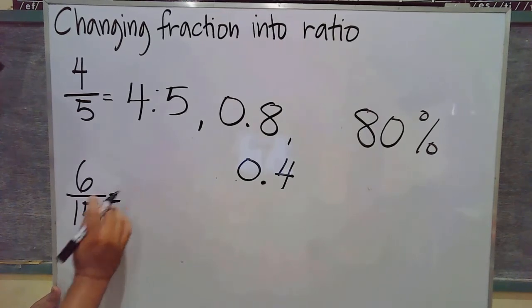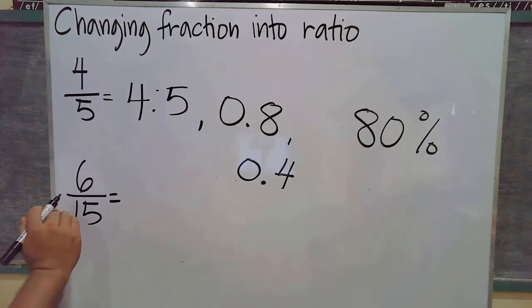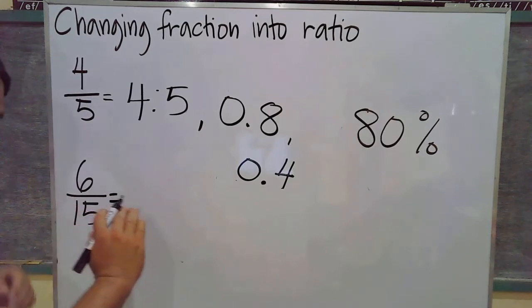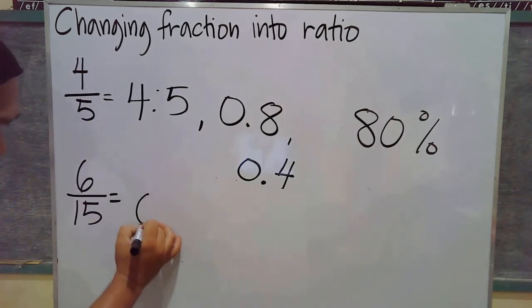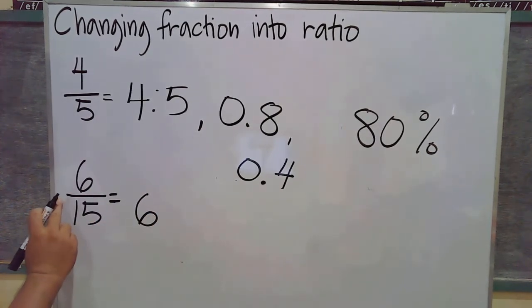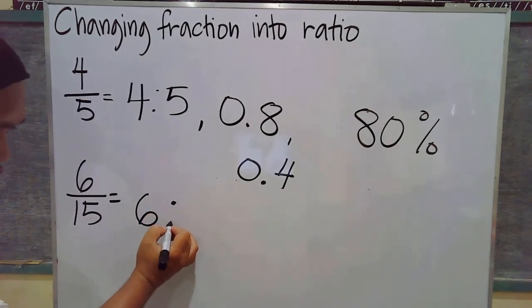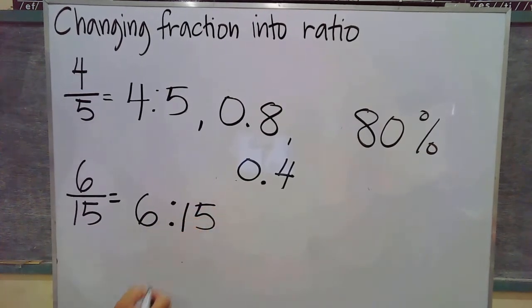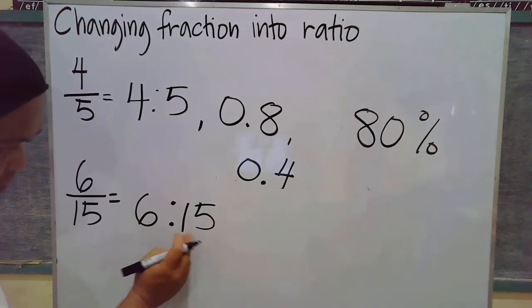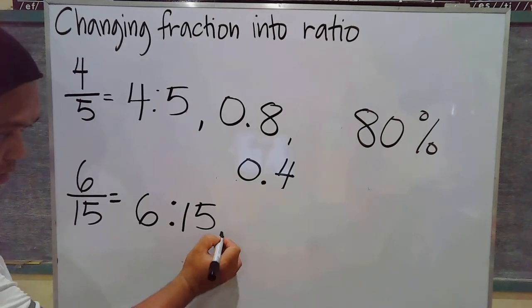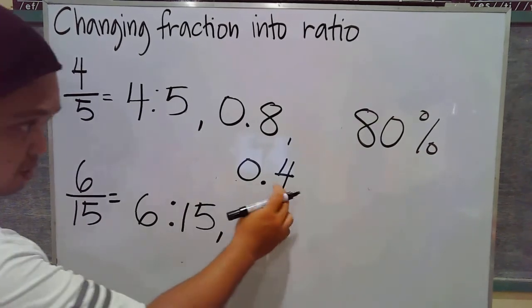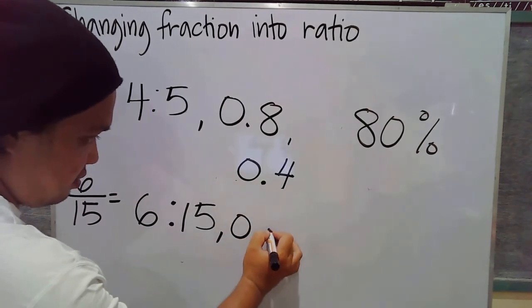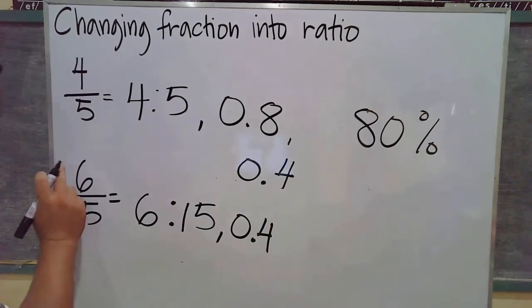By arranging them horizontally, copying the numerator, changing the fractional bar into a ratio or colon, choose 2 points here and copy the denominator. So it becomes 6 is to 15. So that's the ratio. Now for our decimal number, that's 0.4, the decimal number of 6 over 15.